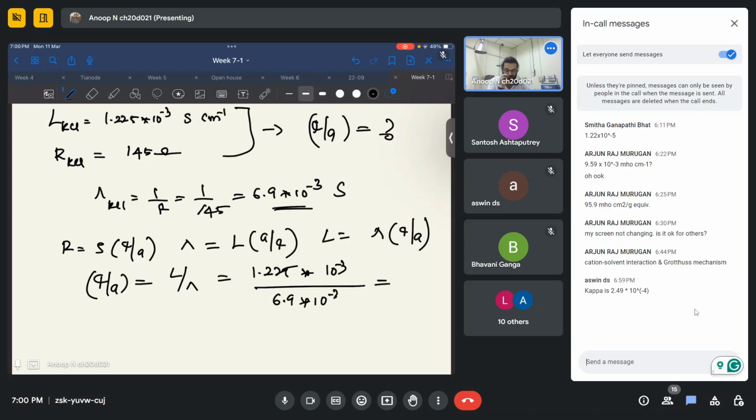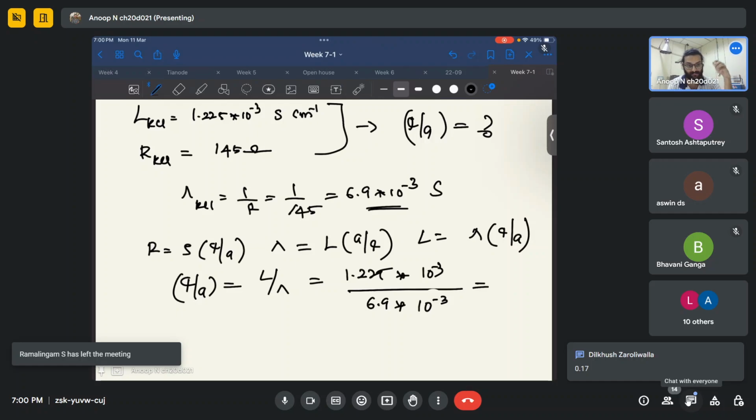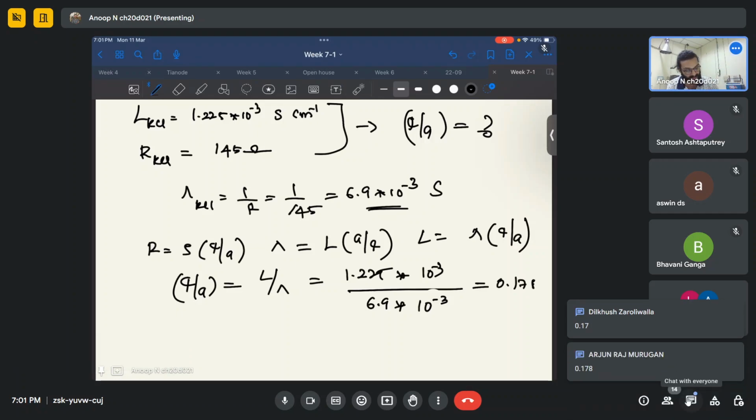So what will be the answer for the cell constant? It will be 0.178 centimeter inverse. So we have got the cell constant.